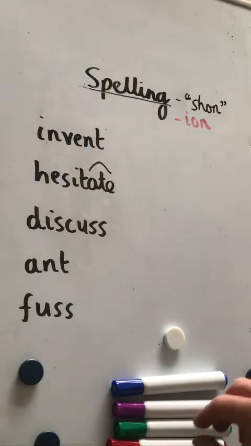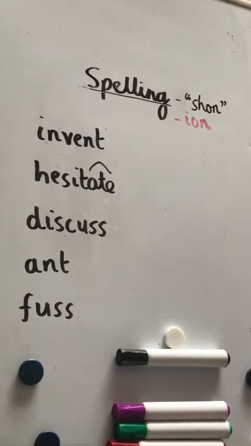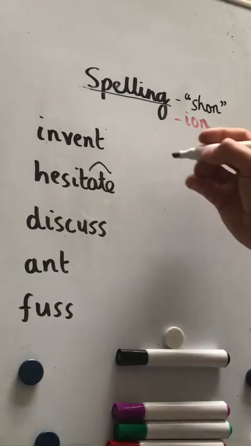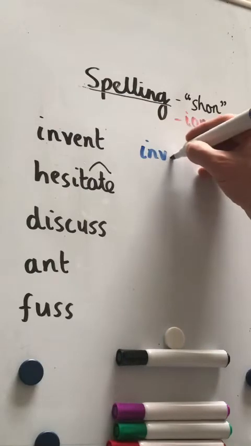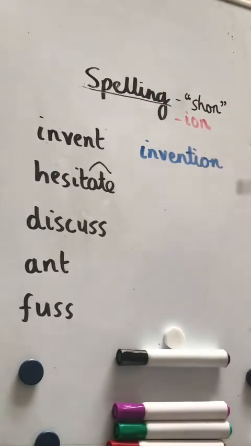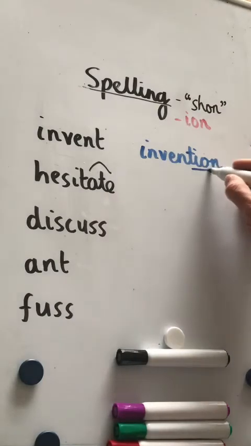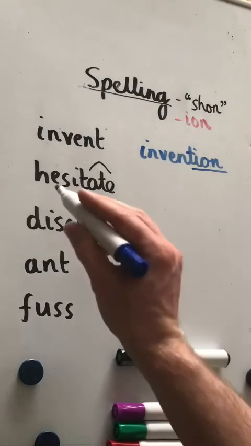Now, if we have a look at invent, so going from invent to invention, yeah, that sounds like it would be right. So invention, all we've done is added the I-O-N on the end. So I think that one's right.